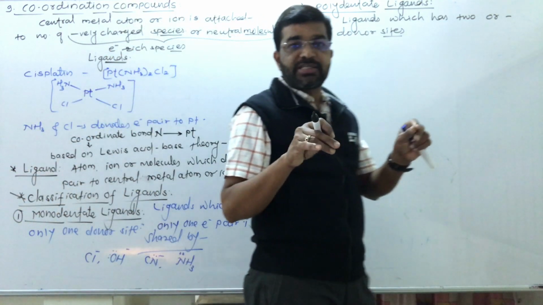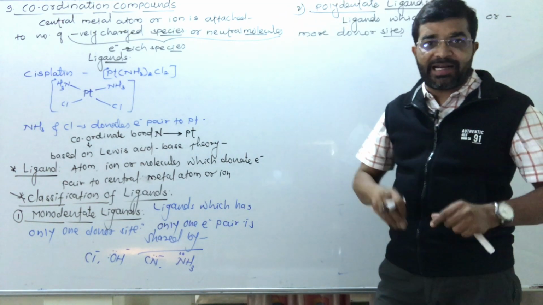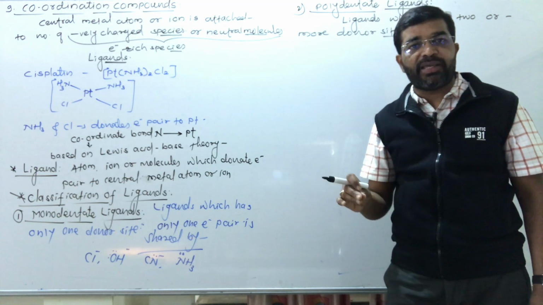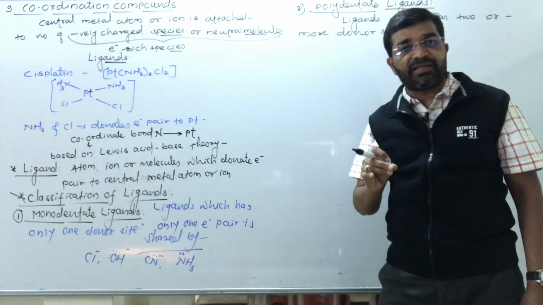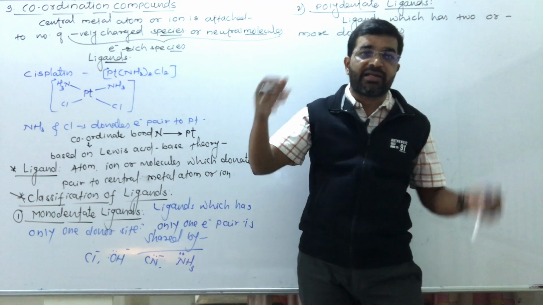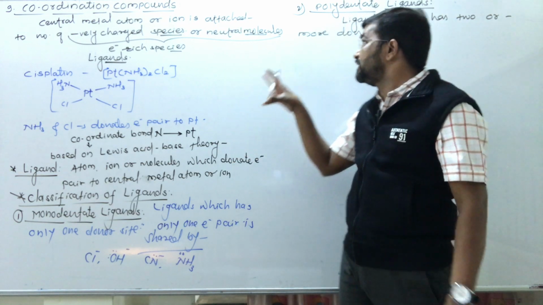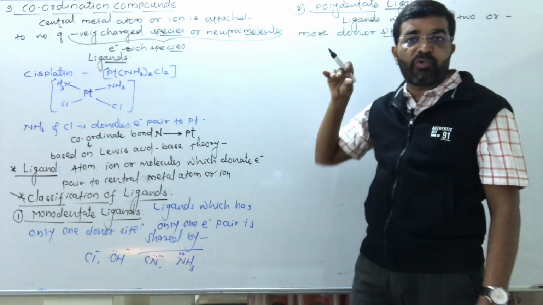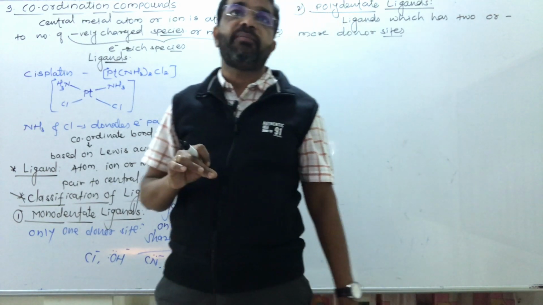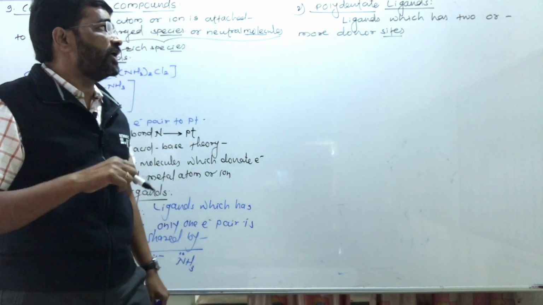Or only one species can share two or more electron pairs with the central metal atom, so they are called polydentate ligands. Polydentate ligands are the ligands which have two or more donor sites. They are called polydentate ligands.